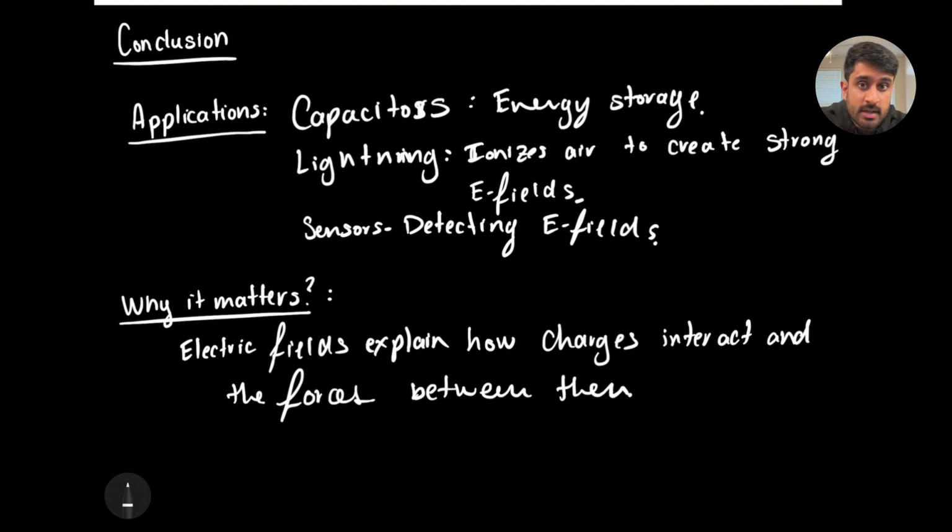The force that two charged particles exert on each other is directly correlated with the electric field that both of those charges exhibit. So if you have a particle of any type, a positive or a negative charged particle, that particle will always have an electric field associated with it.